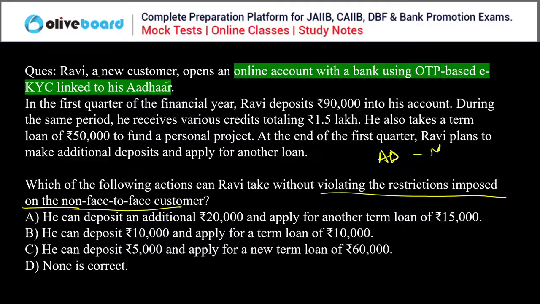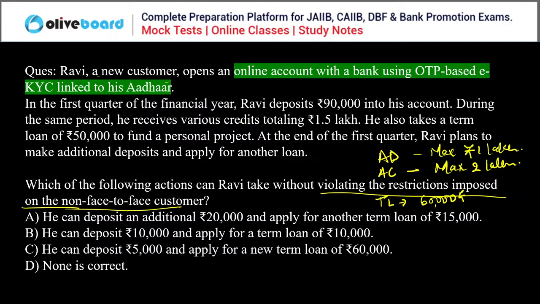So the aggregate deposit maximum limit is 1 lakh. Now, your aggregate credits cannot exceed 2 lakhs in a year. And you are eligible for borrowing a term loan of rupees 60,000 only in a financial year. So these are the restrictions imposed on you.